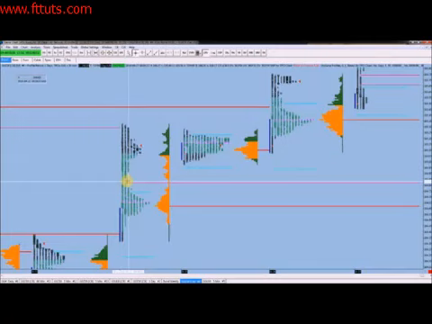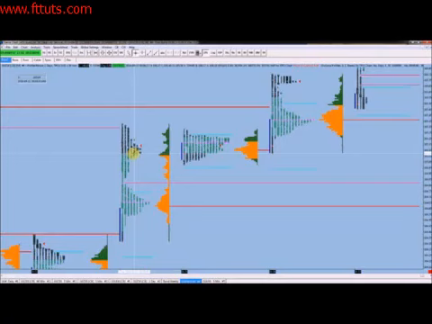So you can limit some of your confusion and some of your worries in that if a market is finding balance, like here, even though it shifts, it is more probable that it's going to turn into a double distribution day than a trend day. Trend days tend to get set and tend to happen from the open to the close.